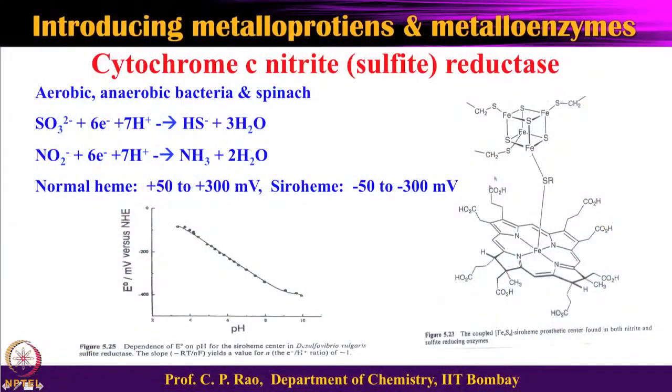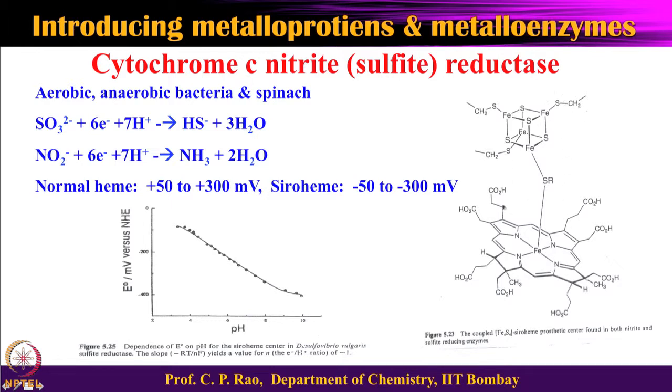Here is a case where both the iron sulfur part and the heme part are connected, through this thio bridge. The iron of the heme is connected to the iron sulfur cluster through this kind of a link. So, this is referred to as a siroheme.